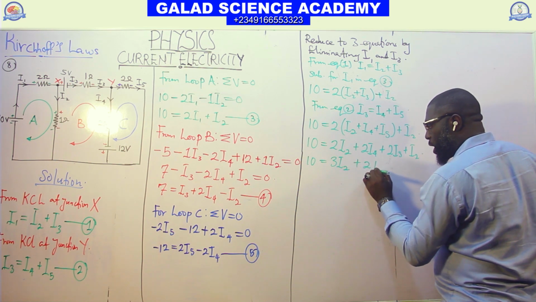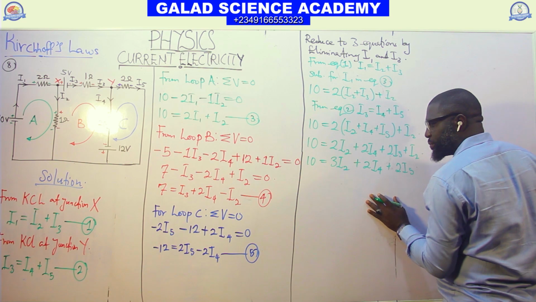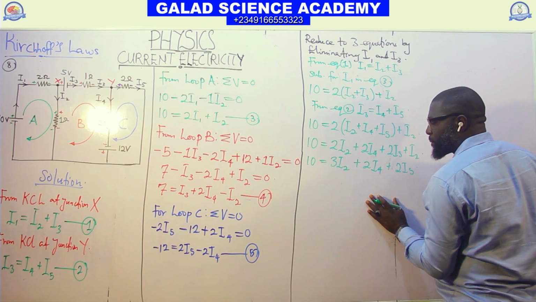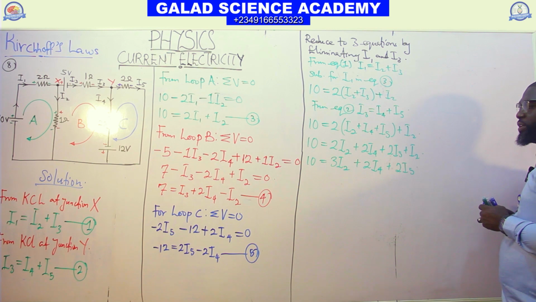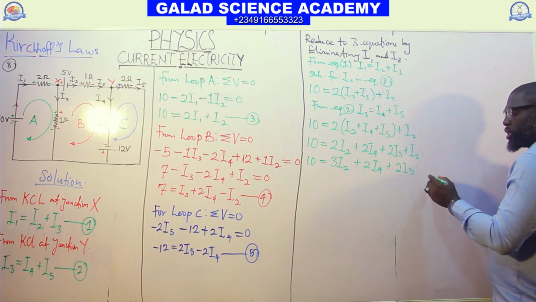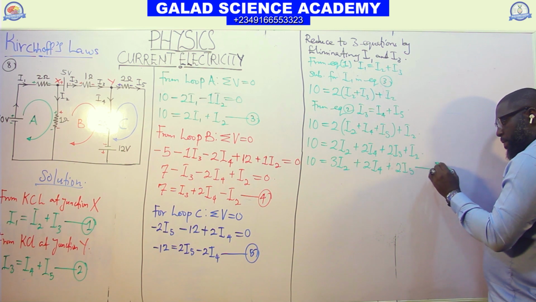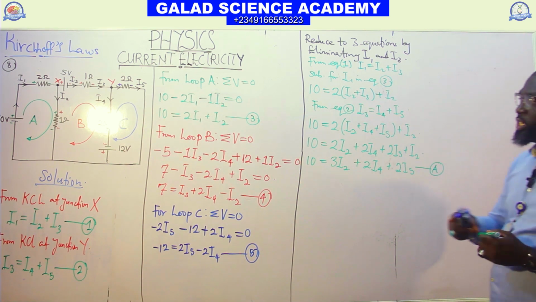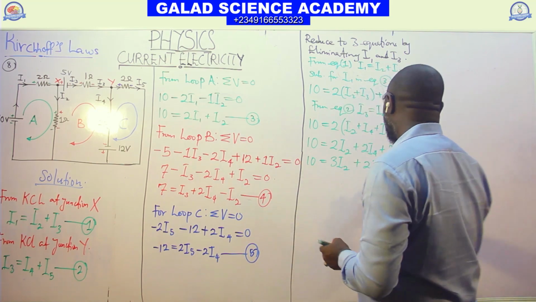plus 2I4 plus 2I5 equal to 10. So if we have it in this form, it will be equal to 10, and we can call this one equation A. We want to reduce these 5 equations, 1, 2, 3, 4, 5, to 3 equations.